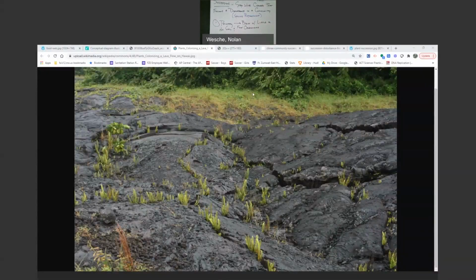So here's an example of a lava flow that happened sometime in the past, and you're looking at primary succession happening where there really is no soil to speak of, but that we do have these cracks and these fissures that allow just some detritus to start to accumulate and form the first type of soil.